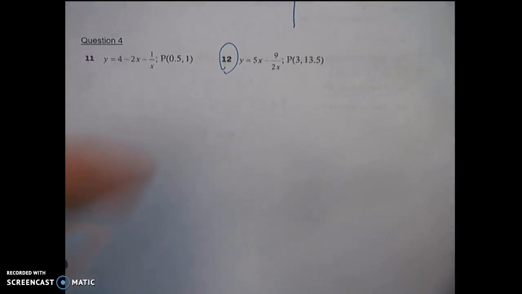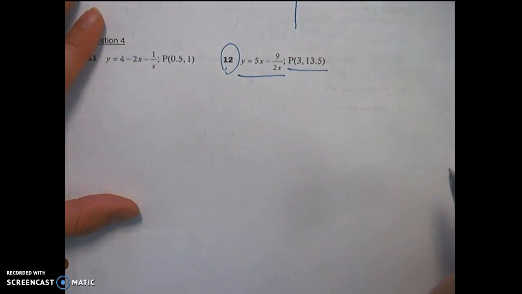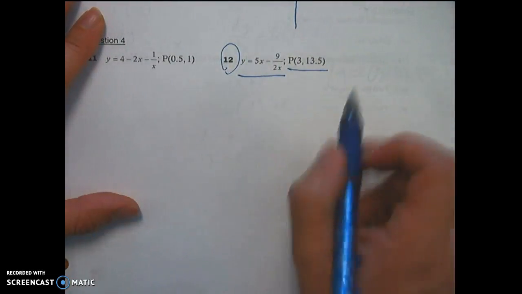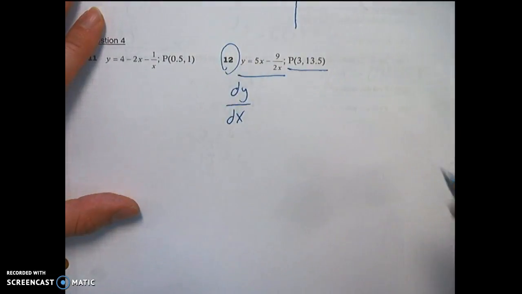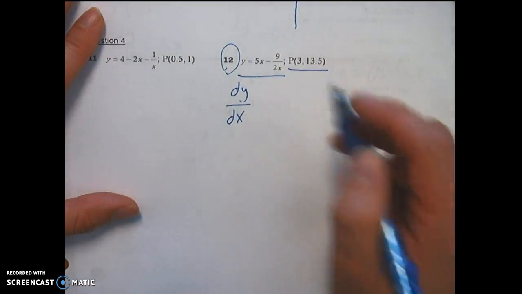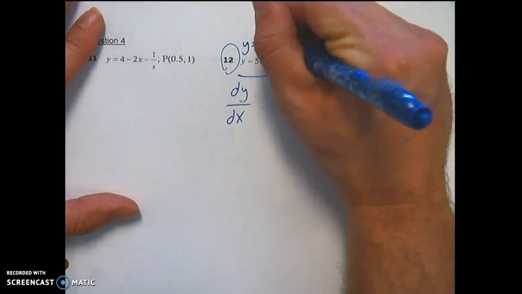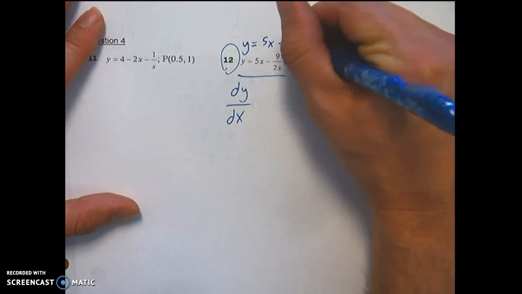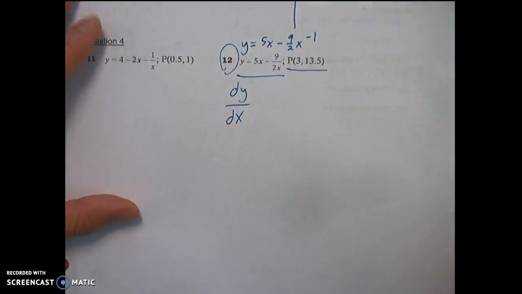So here, the process is exactly the same. I've got my point, I've got my function, I need a gradient at that point. So I'm going to go straight to the gradient function. But before I do, I'm seeing I've got this weird thing right here, 9 over 2x. Another way to write that is y equals 5x minus 9 over 2 x to the negative 1.